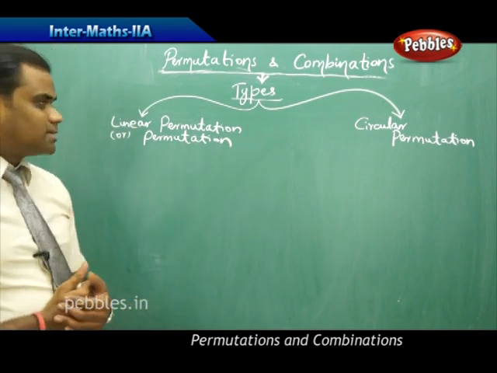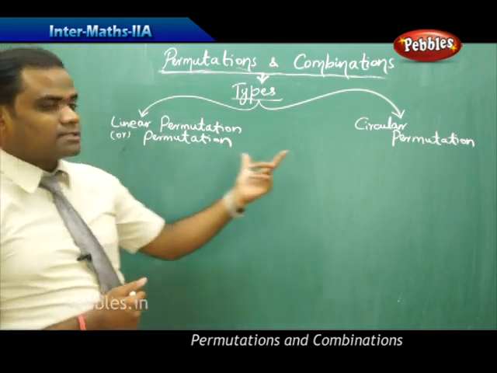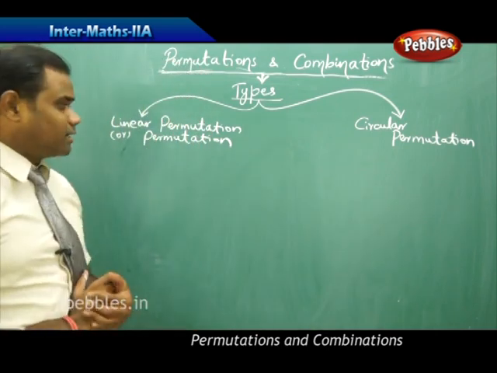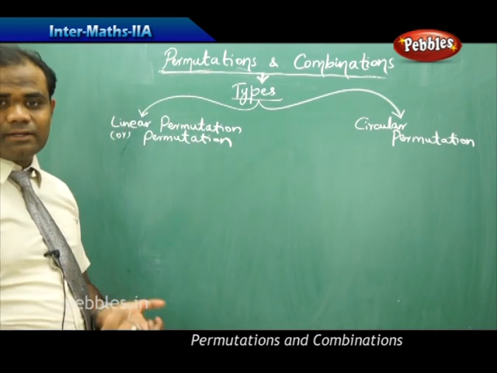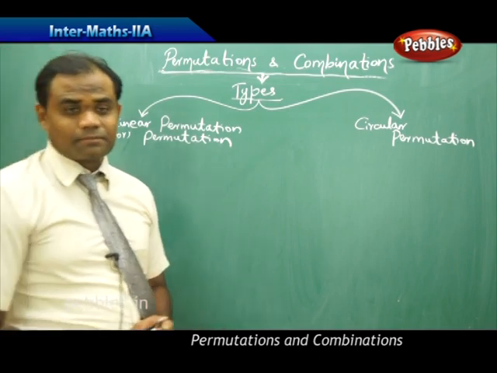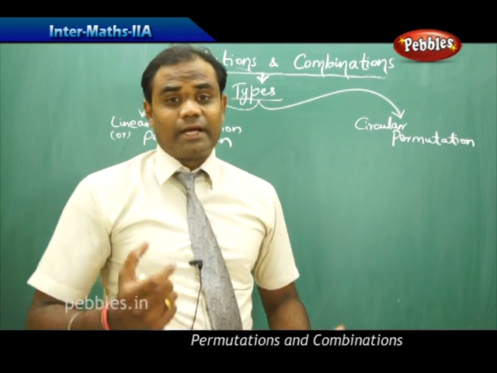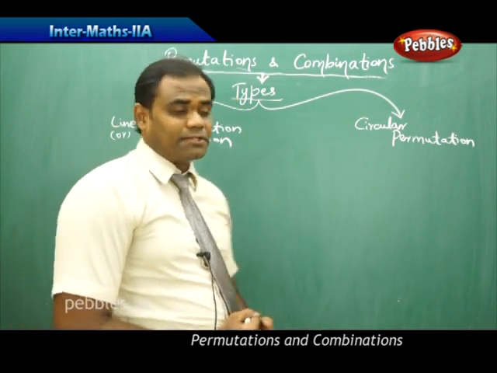As the words themselves suggest, if the selection and arrangement is along a line, we call that a linear permutation, and if it is along a circle, we call that a circular permutation.